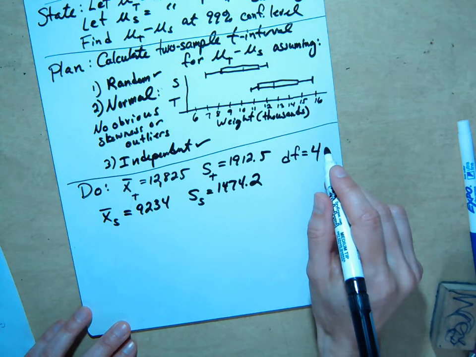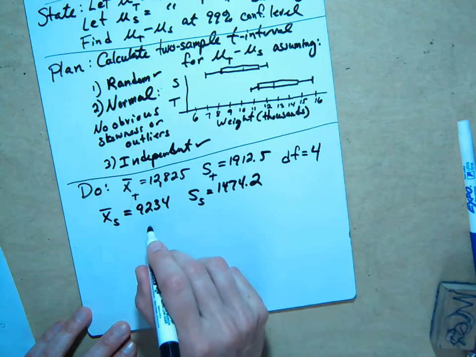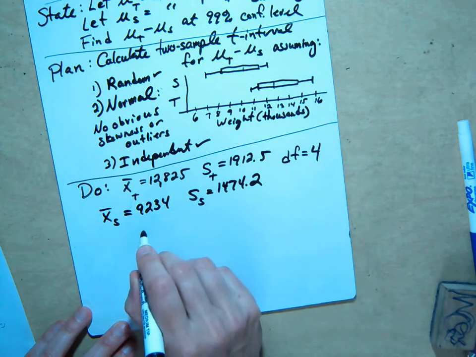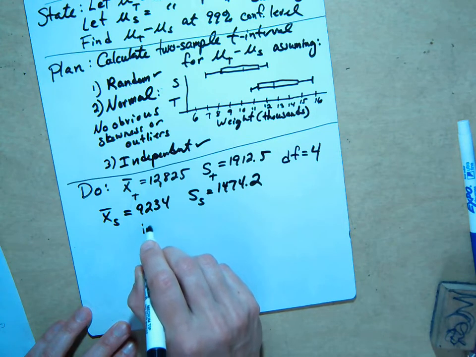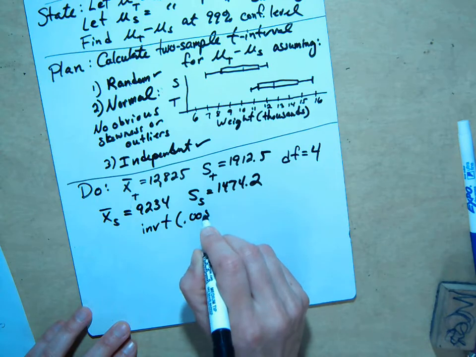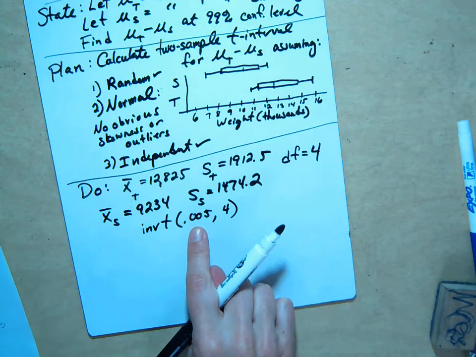And then we're going to use the formula to find T star for our confidence interval. You just do inverse T of 0.005 with 4 degrees of freedom. Why 0.005?